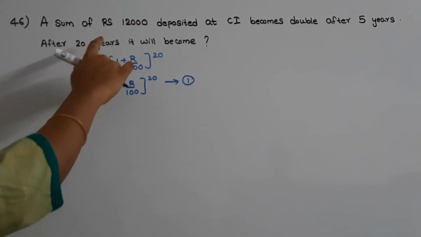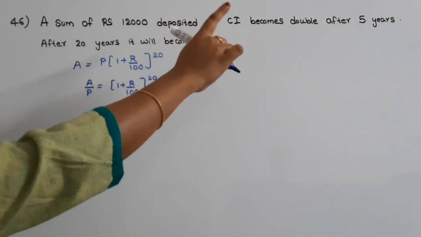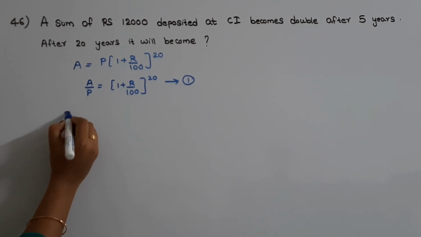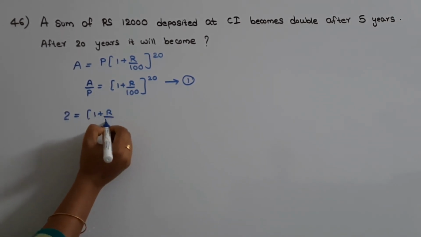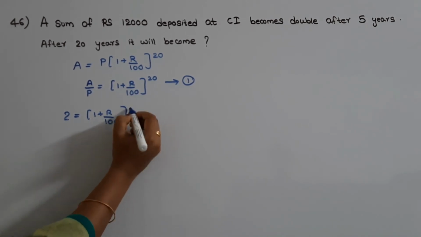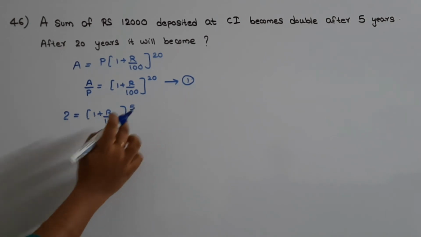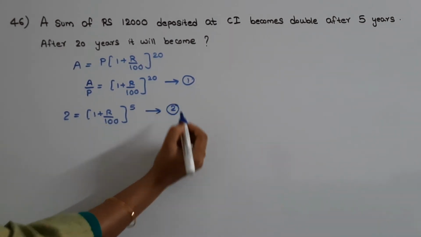Now in the question they have given that the amount is getting double after 5 years. So we can write A by P as 2 is equal to (1 plus r by 100) whole raised to n, where n is 5. So the amount is getting double in 5 years. Let us consider this as equation 2.